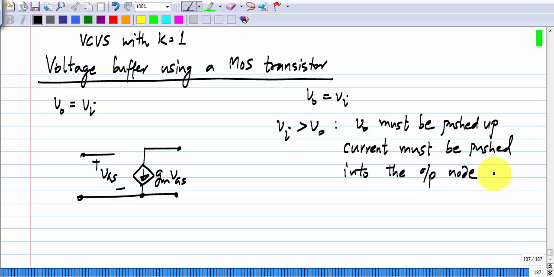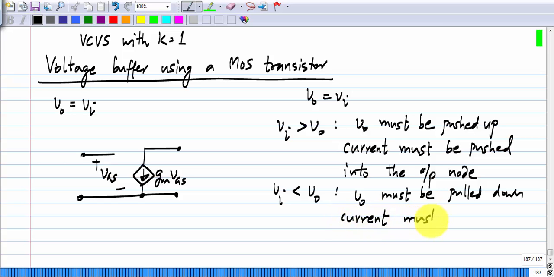And of course, if Vi is less than V0, exactly the opposite must happen. V0 must be pulled down, or current must be pulled out of the output node.